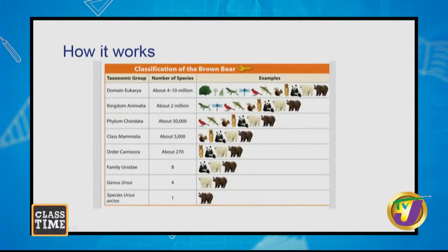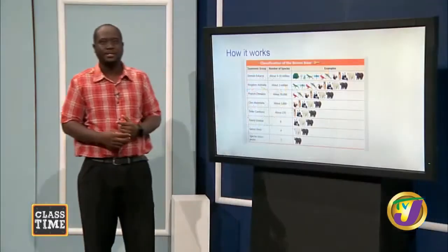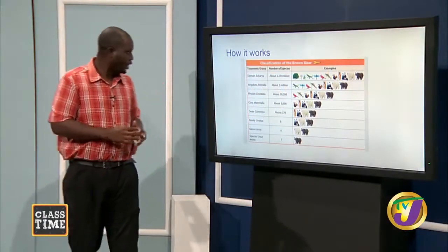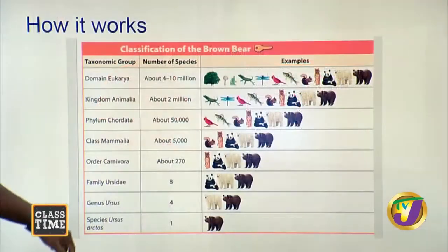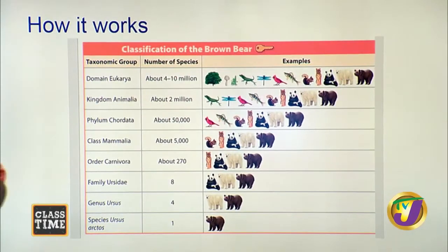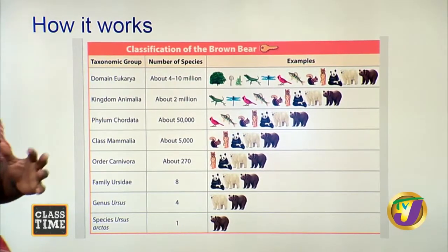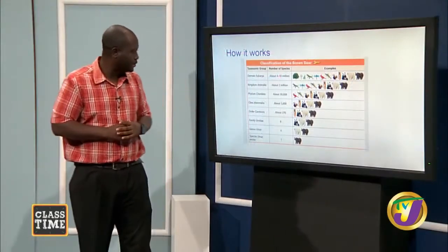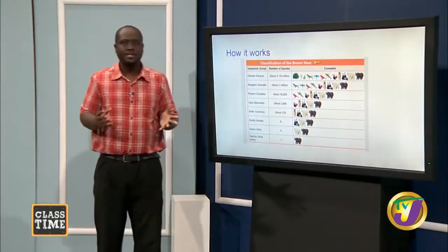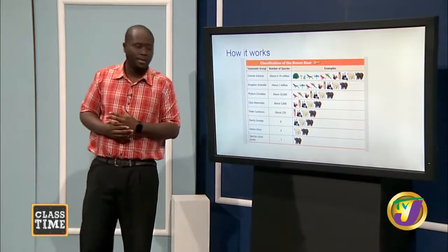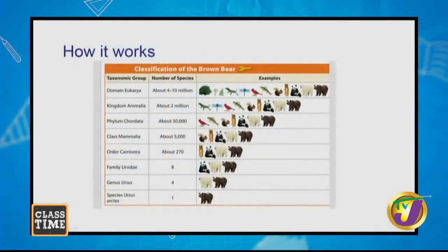Now when we reach the term species, according to the biological species concept, a species is a group of organisms that can interbreed to produce viable, and viable means living, fertile offspring. So you might want to write that down. A species is a group of organisms that can interbreed to produce viable, meaning living, fertile offspring.